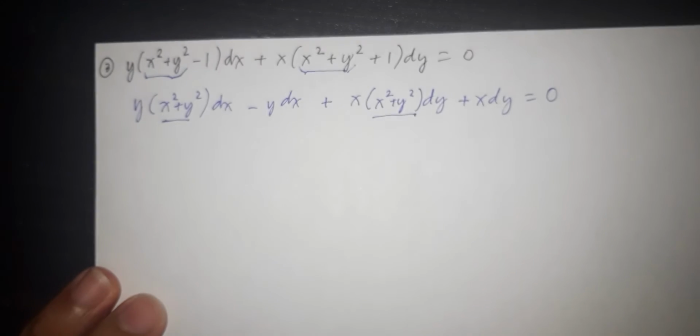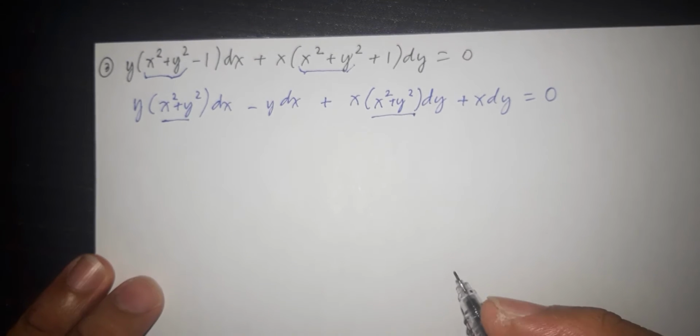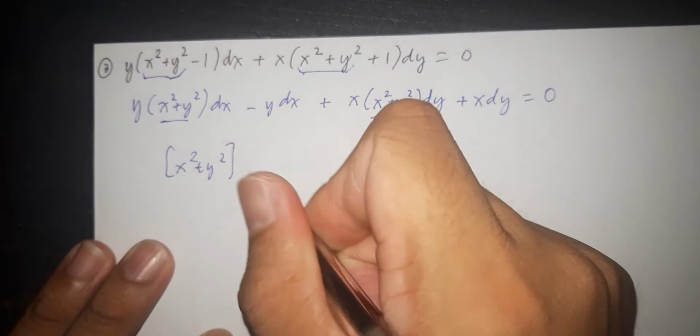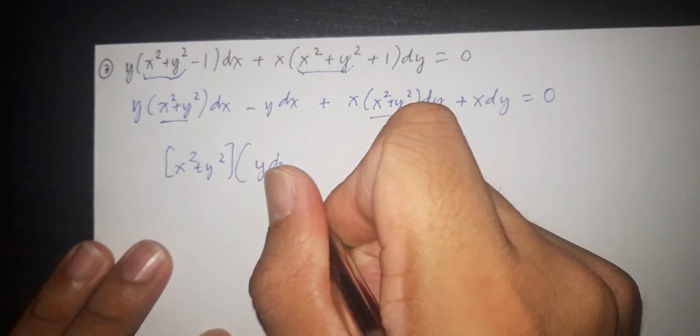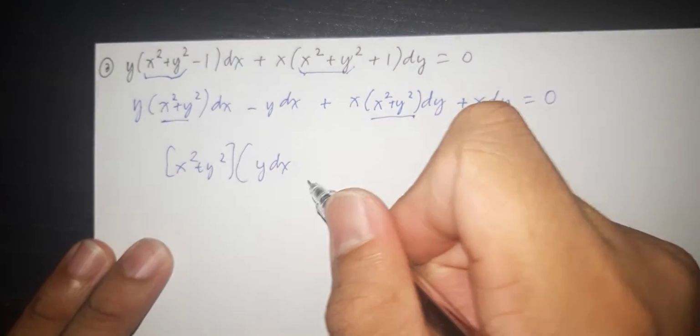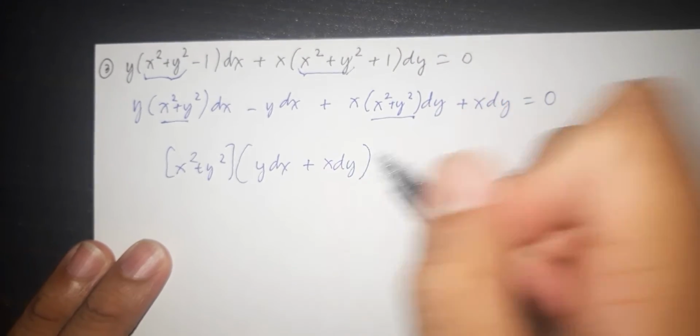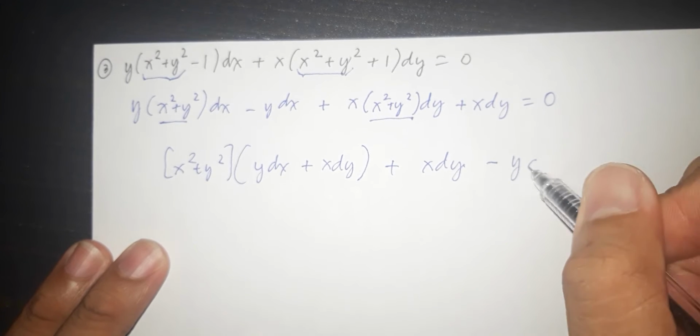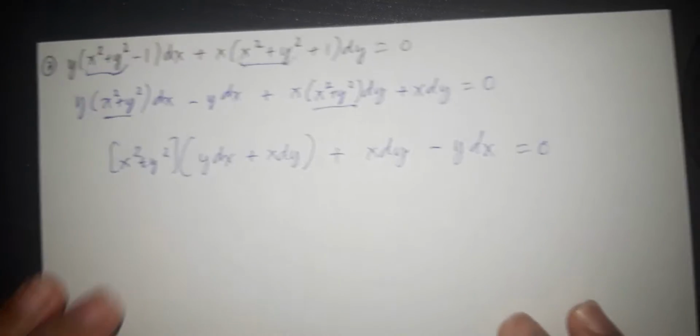So that gives you (x squared plus y squared)(y dx plus x dy) plus x dy minus y dx is equal to 0.